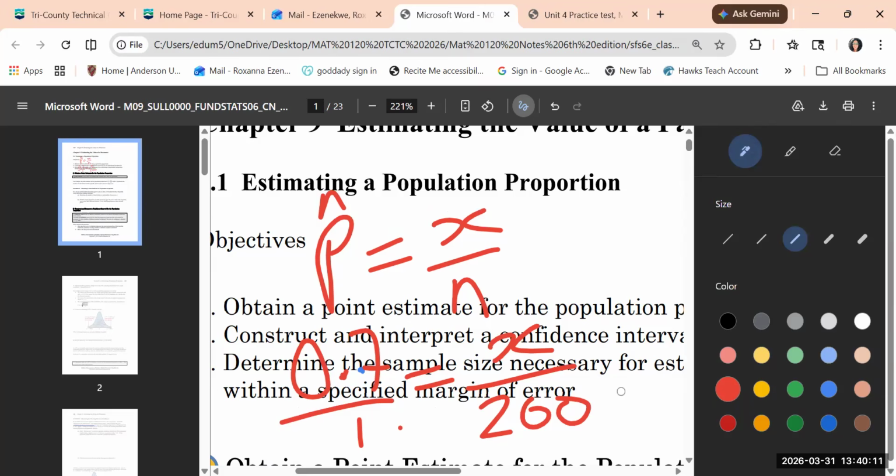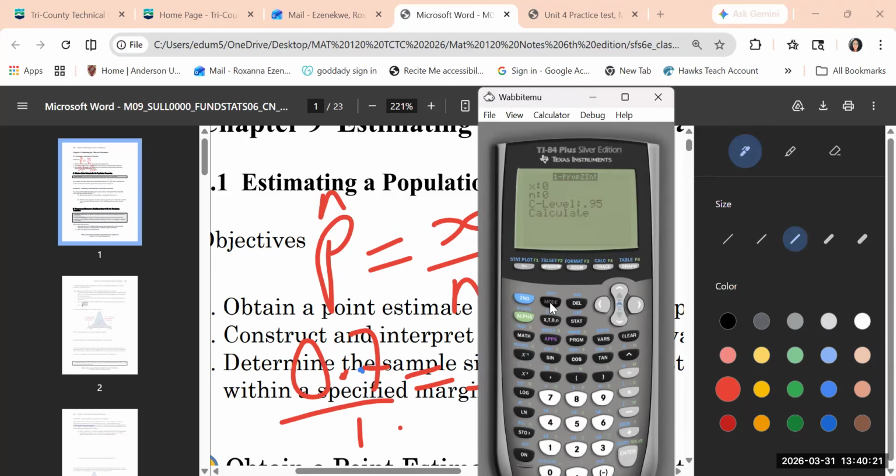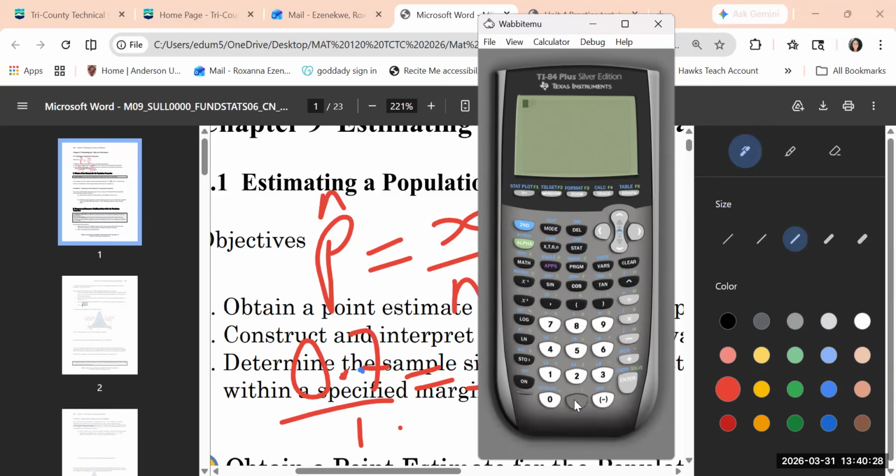Let's calculate: 0.7 multiplied by 200. If I hit enter, I have 140.